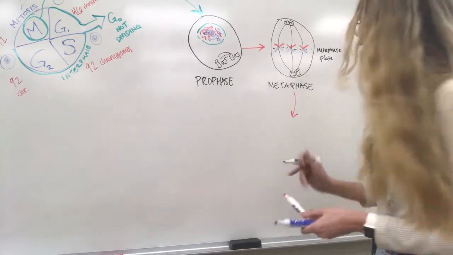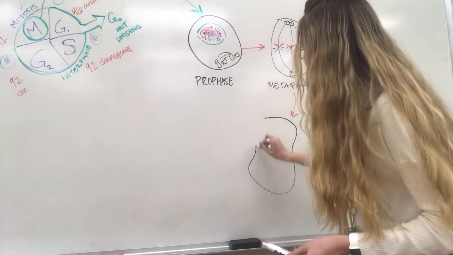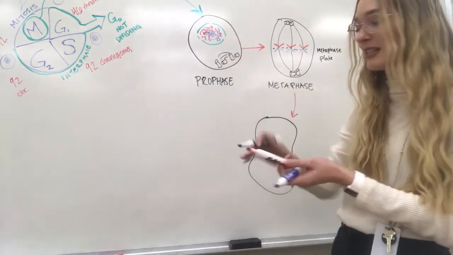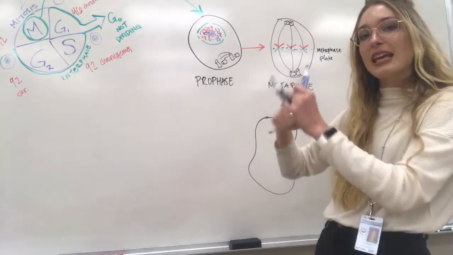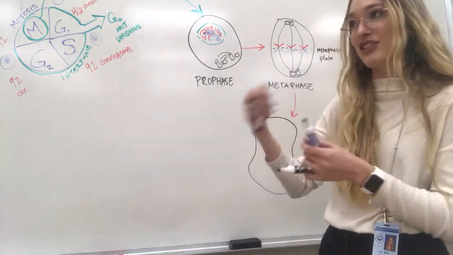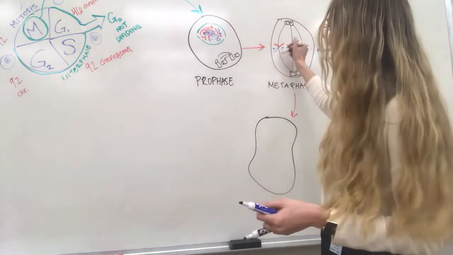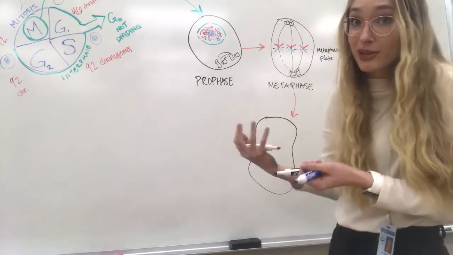So after metaphase is anaphase. Anaphase is really cool. When we watched the real-time video, you could actually see anaphase happening when the chromosomes separate from each other. In anaphase, these spindle fibers reel in, and the molecular mechanism is that the proteins get broken down, kind of like they're being reeled in, which is pretty cool.